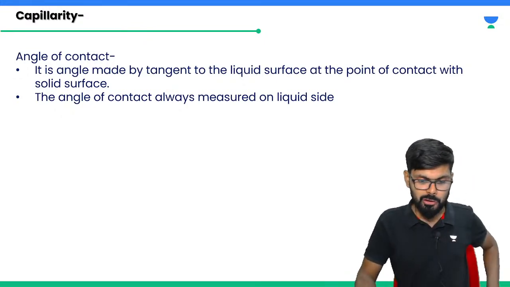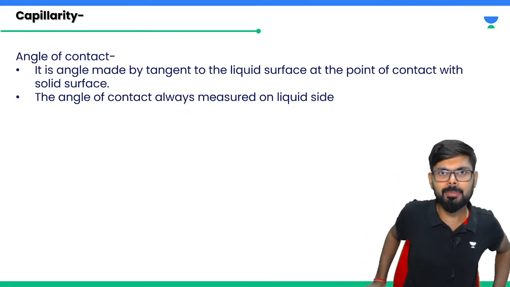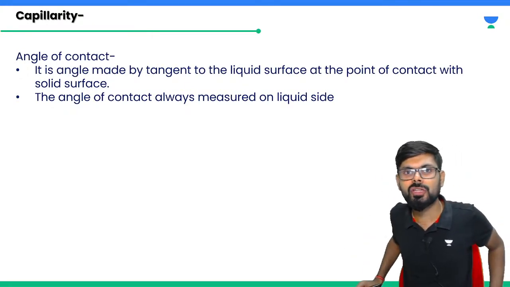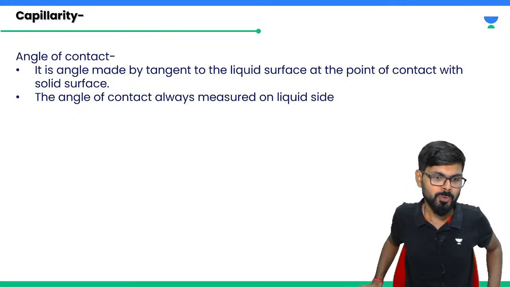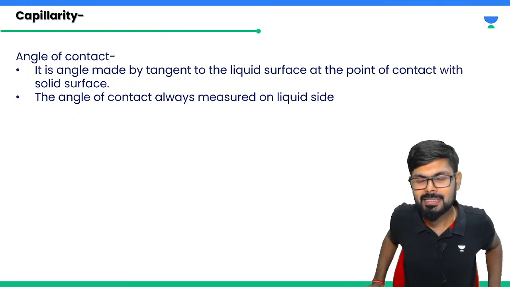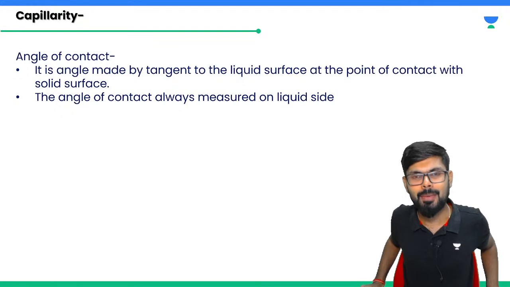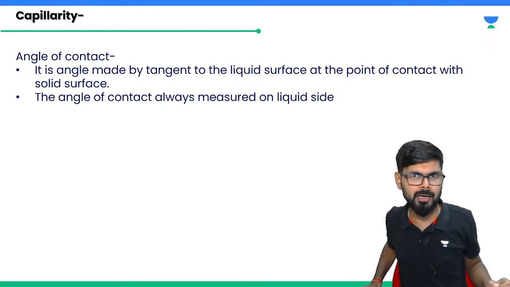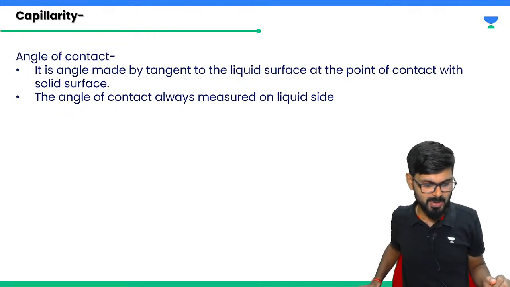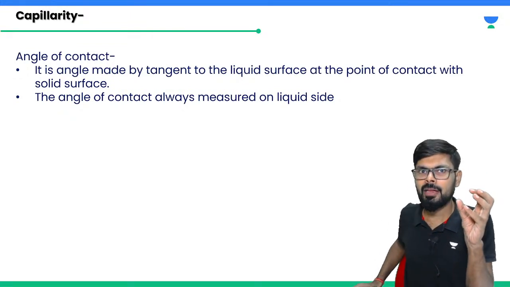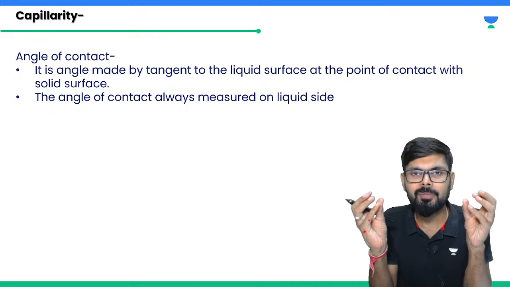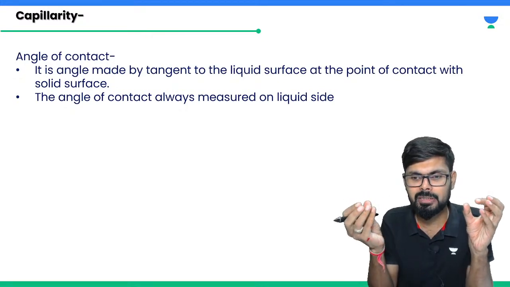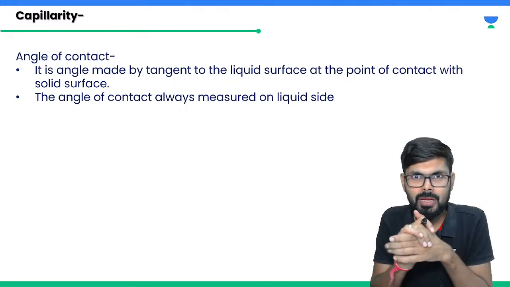Now here, to understand capillarity, capillary rise is also there, capillary fall is also there. So you need to understand what is this capillary rise, what is this capillary fall. It is very easy. You have to do one small experiment. Just take water and just take mercury and put them on the floor.